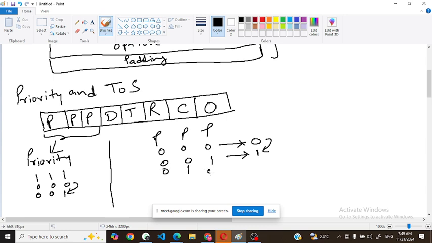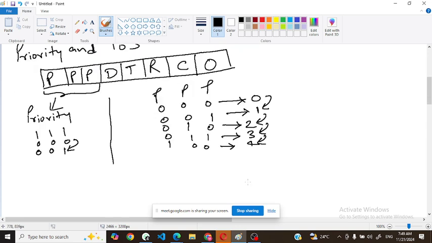0 1 0, it has a greater priority than 1. 0 1 1, it has a greater priority than 2. 1 0 0, it has a greater priority than 3. 1 0 1, greater priority than 4. 1 1 0, greater priority than 5.